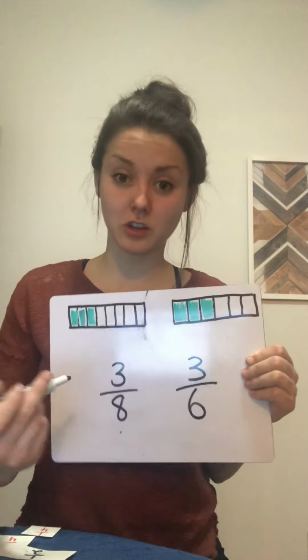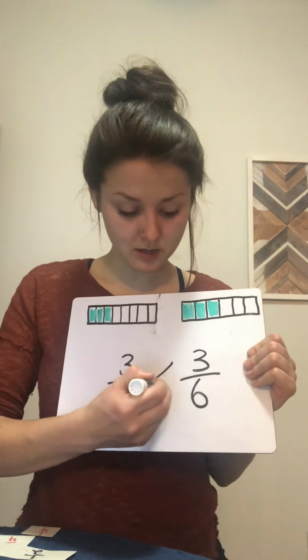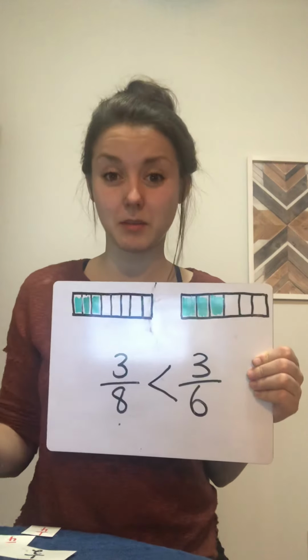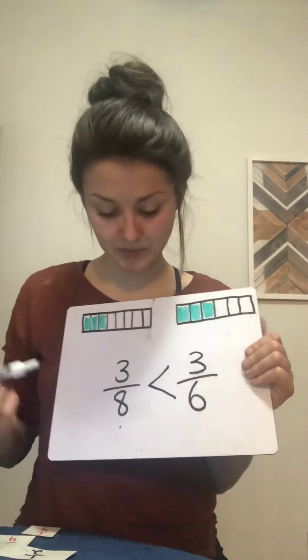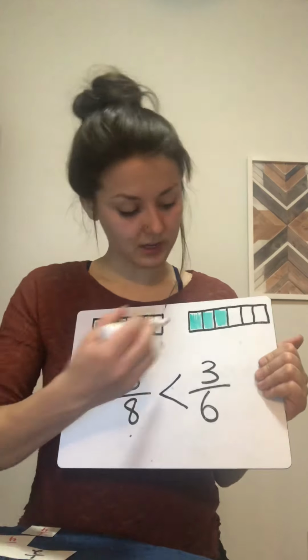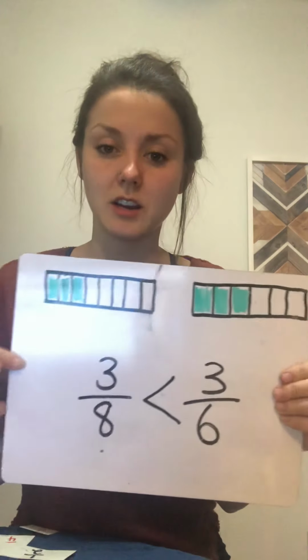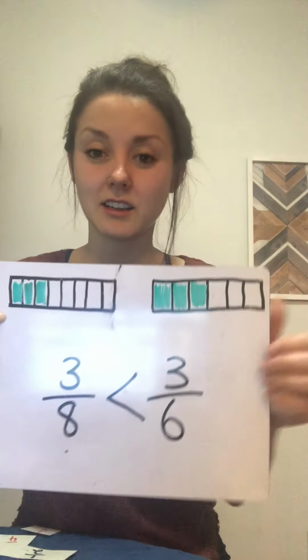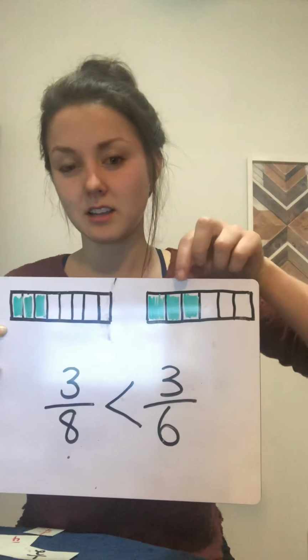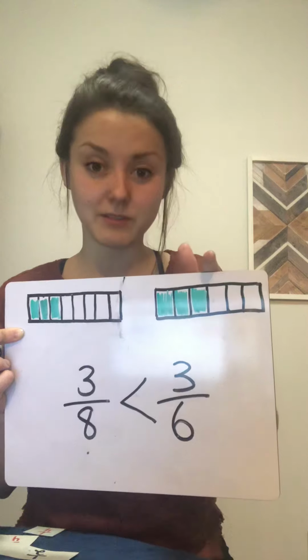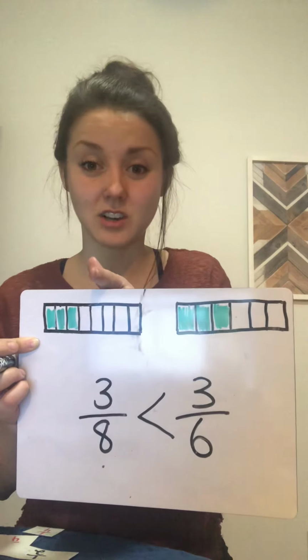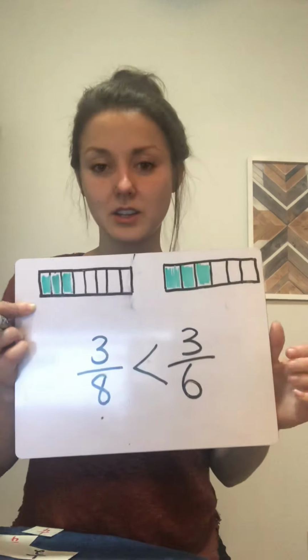I only want to share my chocolate bar with 6 people because then I get a bigger piece, or I get more out of my 3 pieces in this case. And you can see by the picture here that 3/8 covers less space than 3/6. This is half, it is exactly half, and this is not. It's not quite half. Okay?